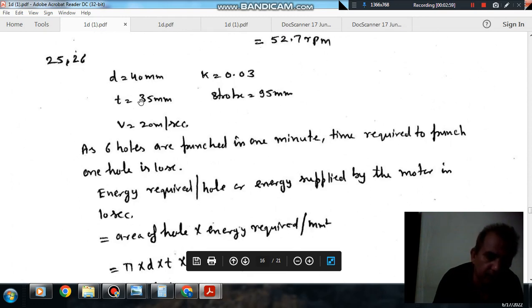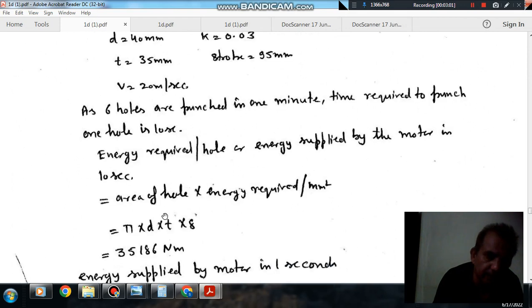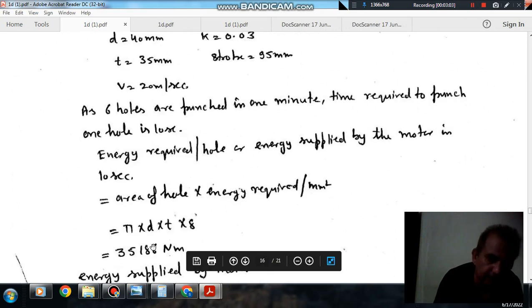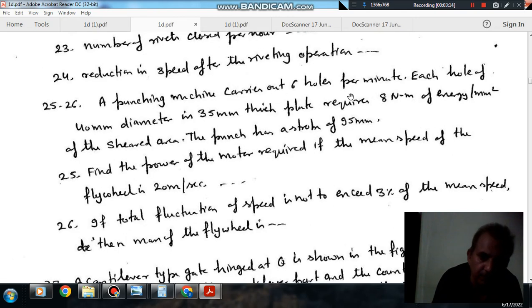Pi d is 40, t is 35, and then the energy required. So the energy required for one hole is 35186 Newton meter.